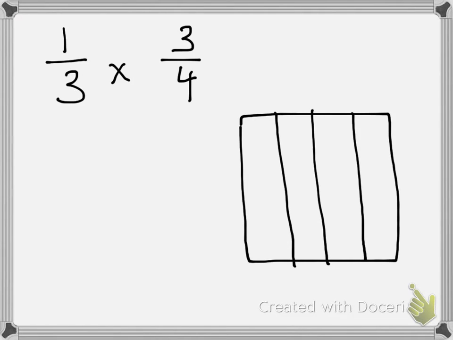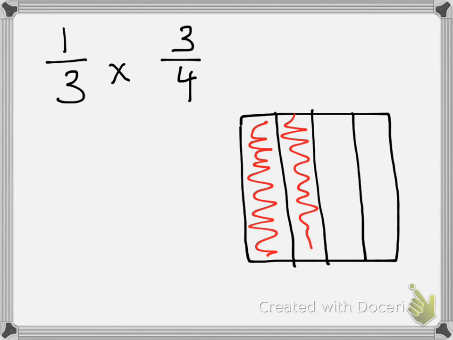Okay, here's one more example. This time, 1/3 times 3/4, or as we said, our multiplication symbol really means "of," so we can say 1/3 of 3/4. Now I've started out by drawing a square. I have fourths shown. I'll shade in 3 of my fourths, so I have 3/4 shaded.